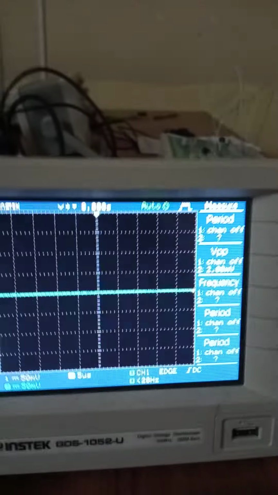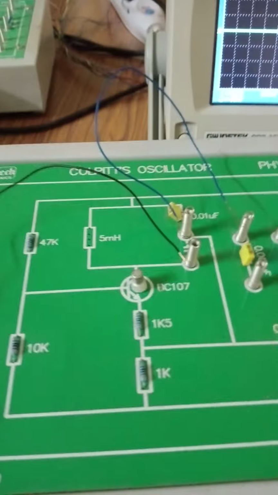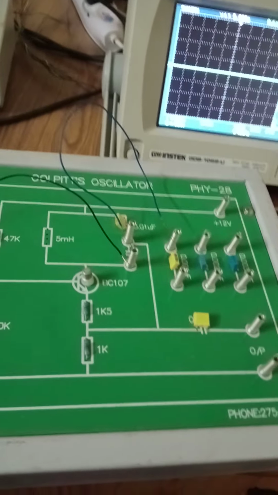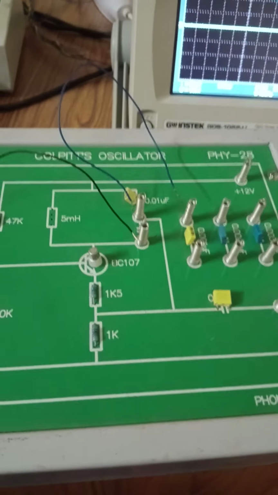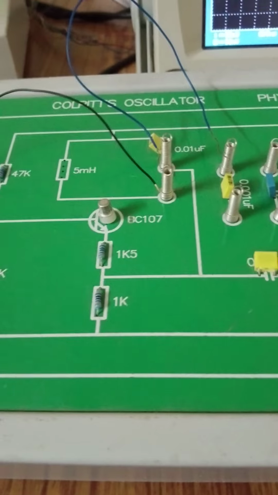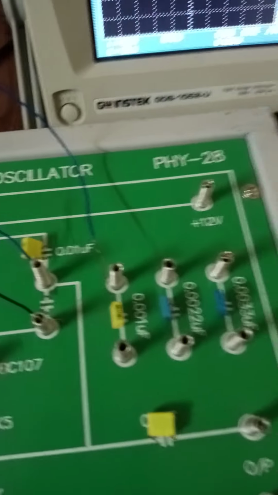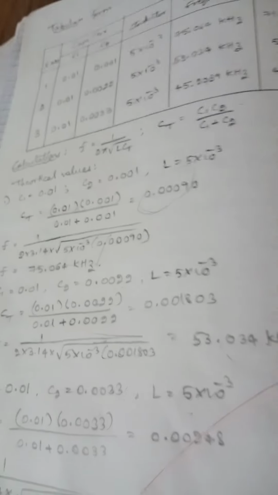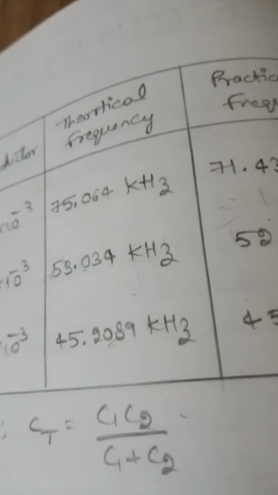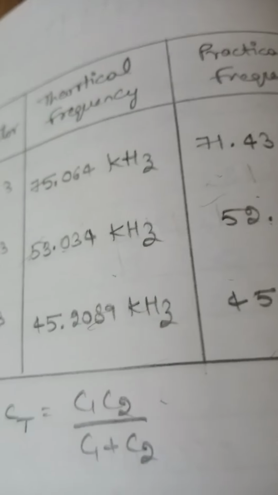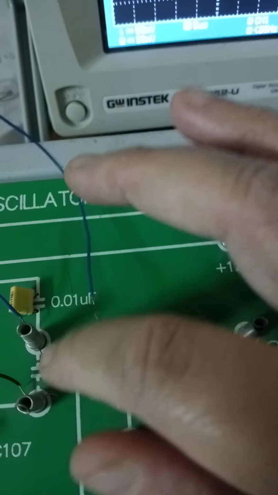Now I will be connecting this Colpitts oscillator kit to the CRO, and we will be measuring the practical frequencies. Theoretical frequencies you have just seen. We got the theoretical frequency by using the formula, in which we substituted C1 and C2.